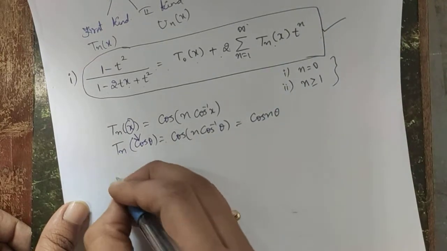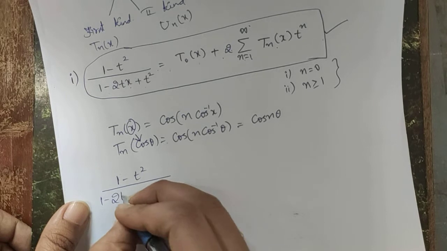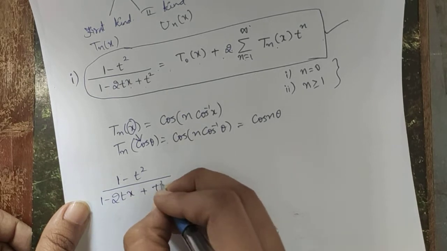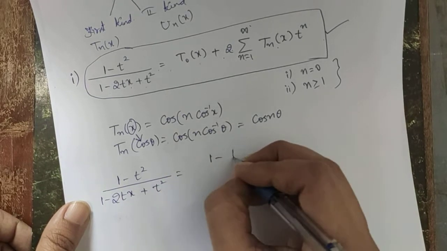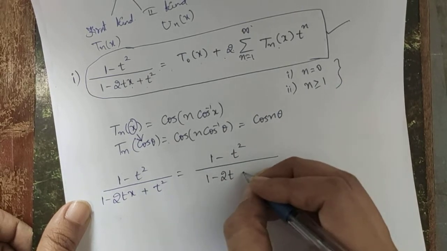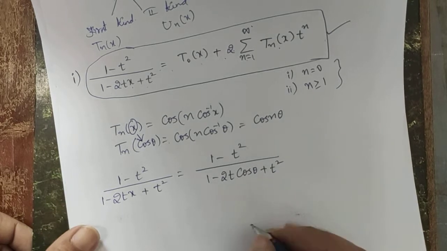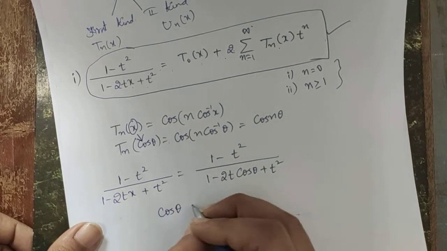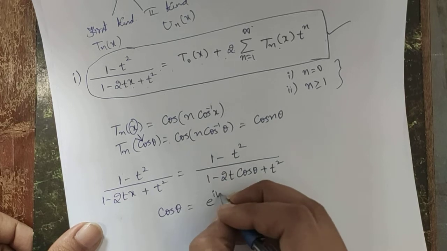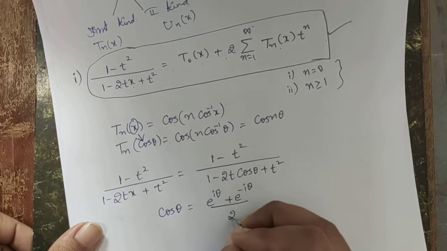So (1 minus t square) divided by (1 minus 2 into tx plus t square) will be equal to (1 minus t square) divided by (1 minus 2t into cos theta plus t square). We know that cos theta is equal to (e power i theta plus e power minus i theta) whole divided by 2.